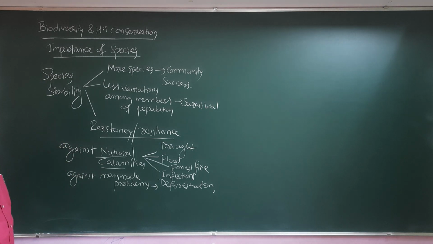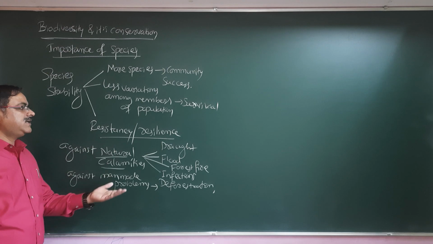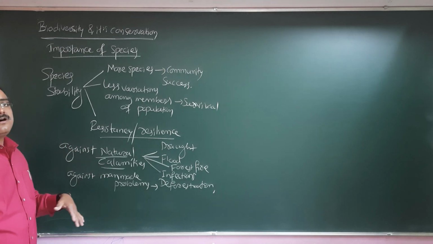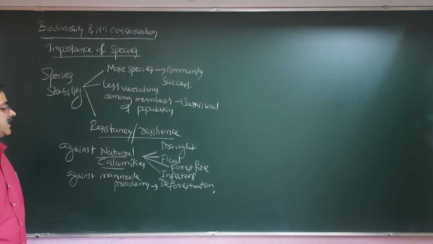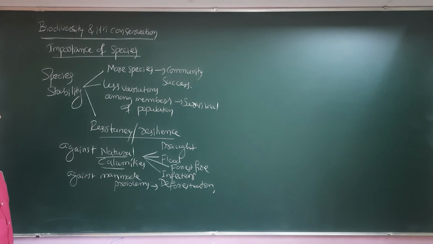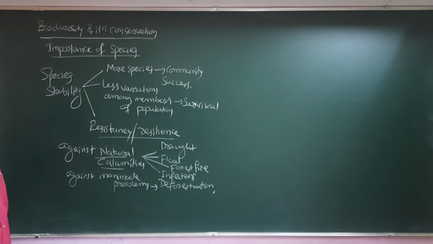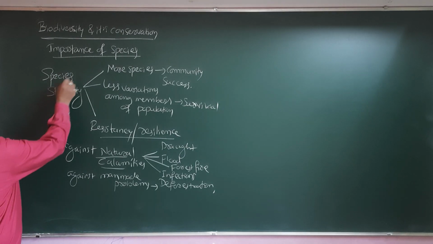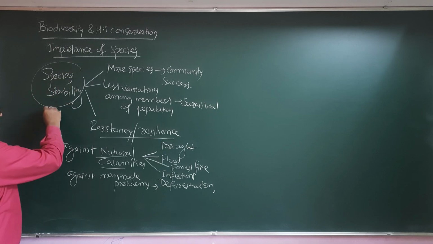So any animals or species which are resilient, or have the ability to escape from all such kinds of threats, survive well. Against the natural calamities and against the man-made problems, they need to survive. Then only can species stability exist.